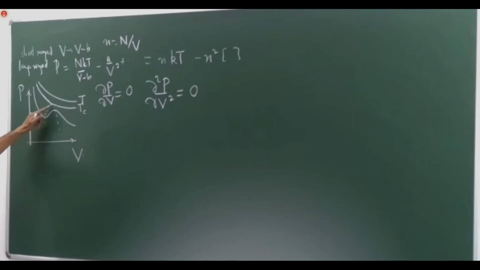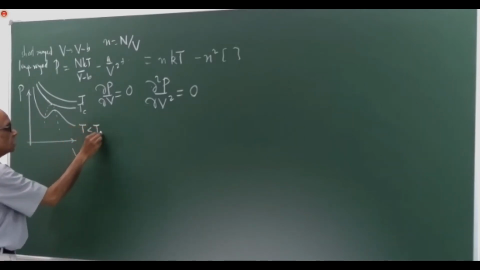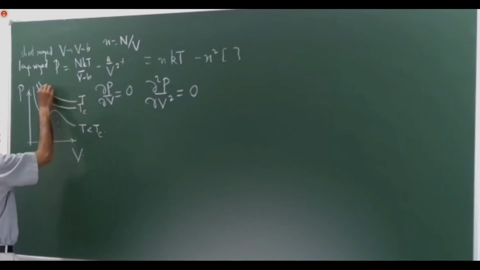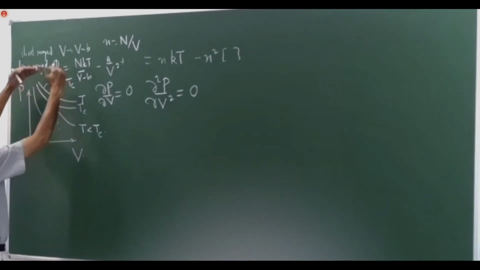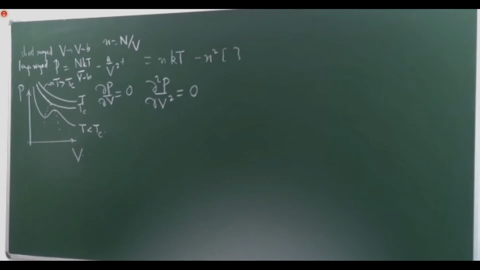As you go below that, temperatures T over here are less than Tc, and over here T is greater than Tc, separated by this curve where T equal to Tc. This part is completely reasonable.